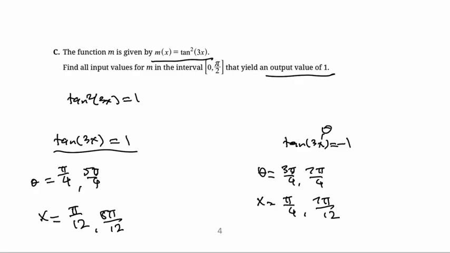Then we look at our restriction, which is the interval from 0 to pi over 2. We can see that all of these values are between 0 and pi over 2, except for 7 pi over 12. So our final answer is x equals pi over 12, pi over 4, and 5 pi over 12.